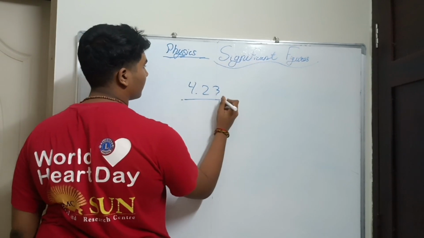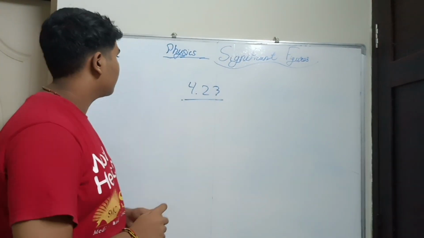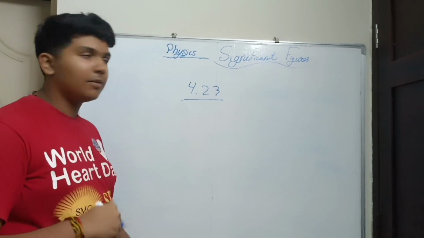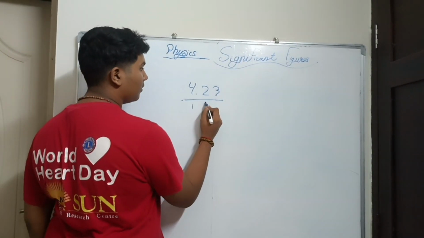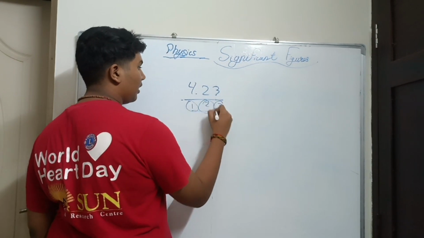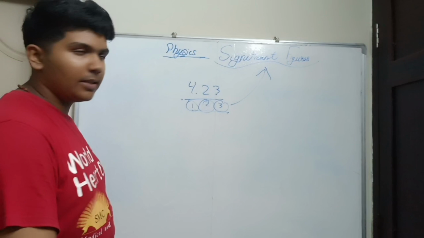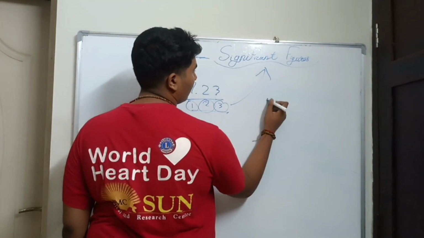4.23. In this, how many significant figures can you see? 3, right? Why? 1, 2, 3. These 3 are known as the significant figures. Or another example, 111.